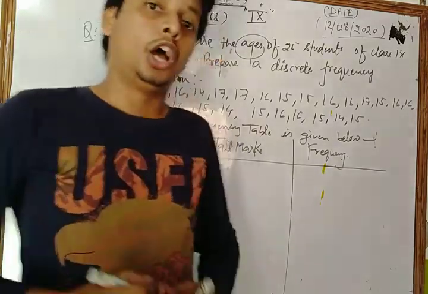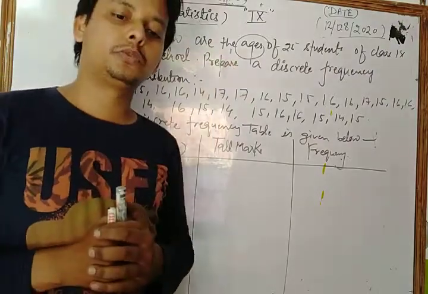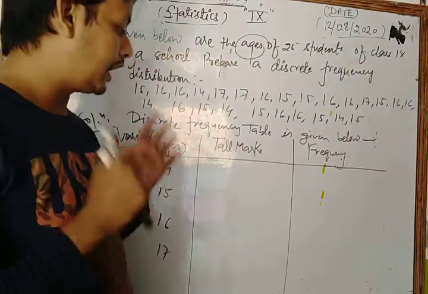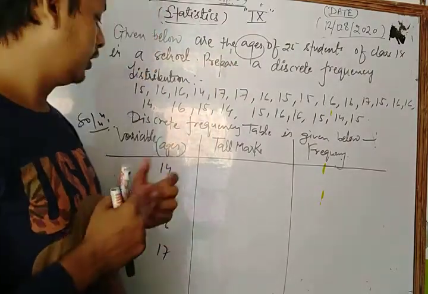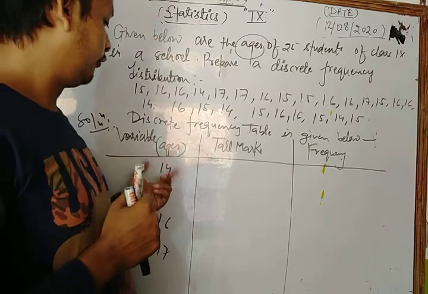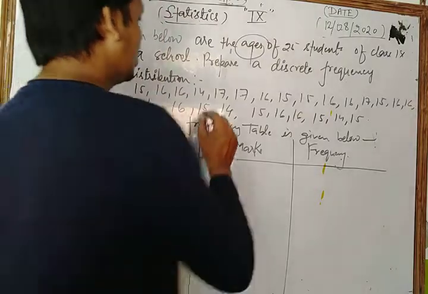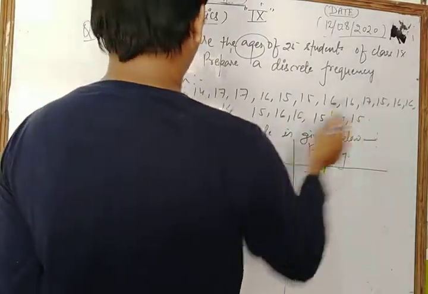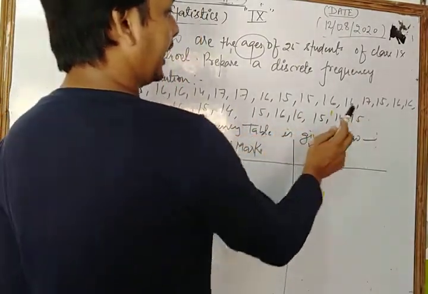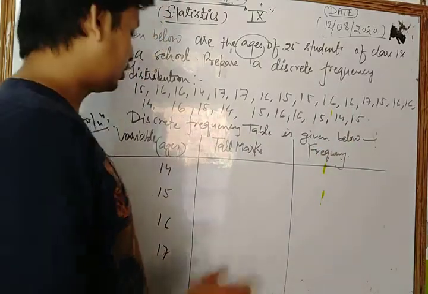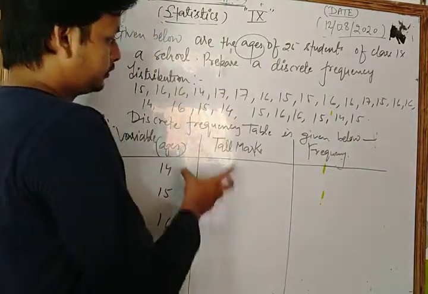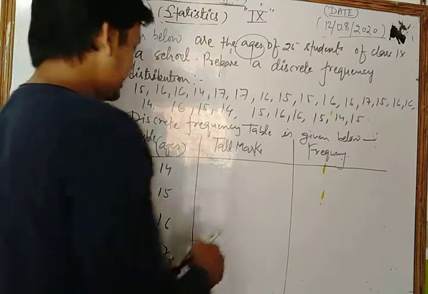Now we observe the frequency distribution and find how many students are in the 14 age group. Now let's see how many students. 1, 2, 3 and 4. Only 4 students of that group have age 14 years.